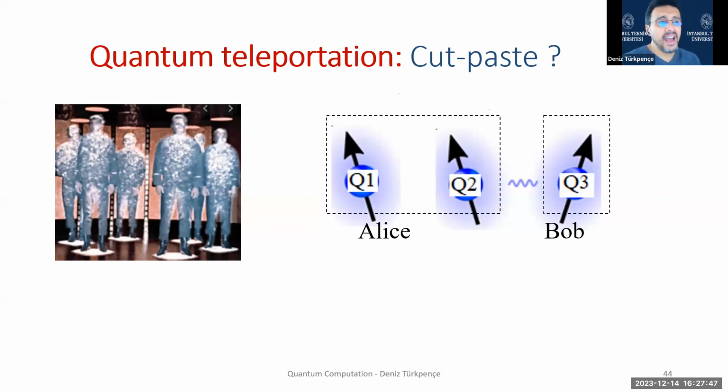Alice has 2 qubits on her side, okay? But the second qubit of hers is initially entangled with Bob. And Bob has only 1 single qubit. Okay? So we have an algorithm here to implement this teleportation.